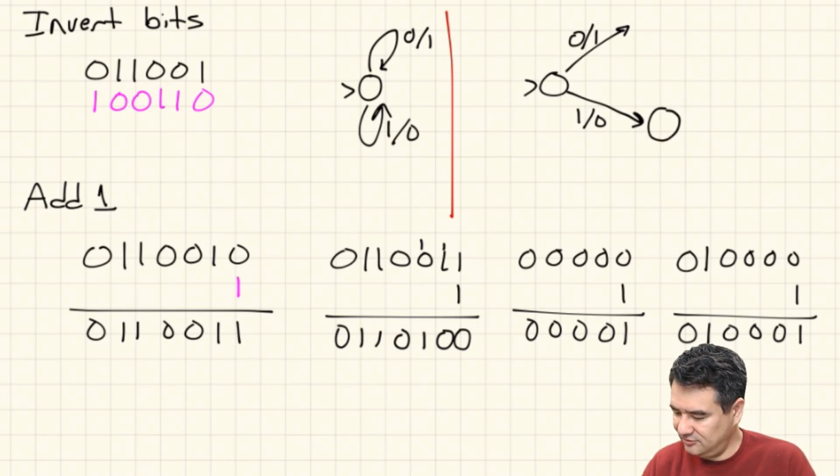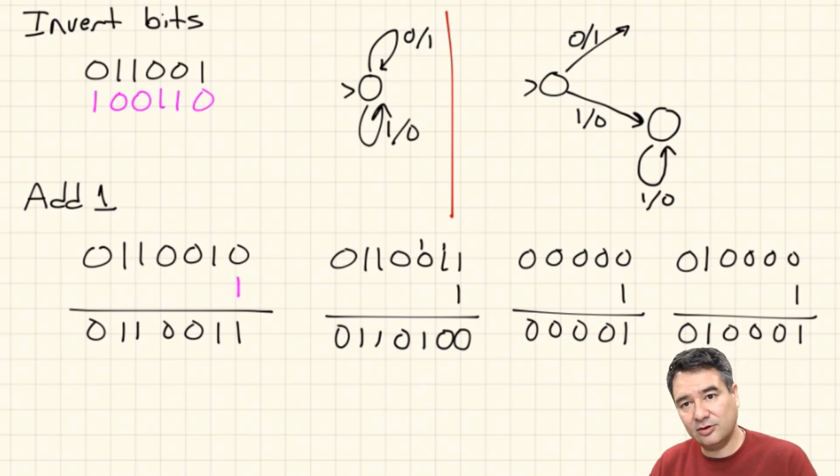So I'll label this the carry. No, I'll label it later when I see how this is going to come out. When we're in the carry phase, as long as we see a 1, we should output a 0. As long as we continue to see 1s, we know that we're going to keep propagating a carry through, and so we're going to stay in that state.